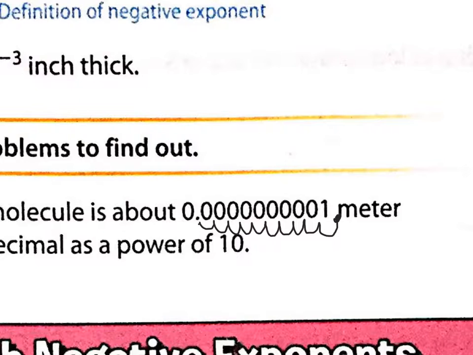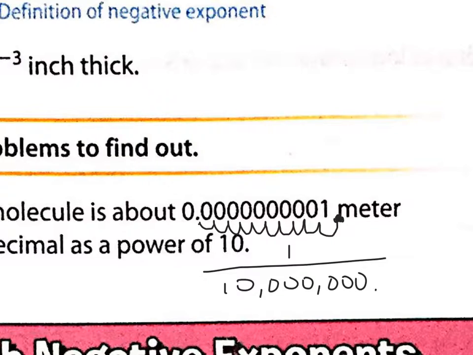You're not counting the zeros, you're counting the spaces. So as a fraction, that would be 1 over 10 billion. 1, 2, 3, 4, 5, 6, 7, 8, 9, 10. That's 10 billion, that's what I got on my paper.